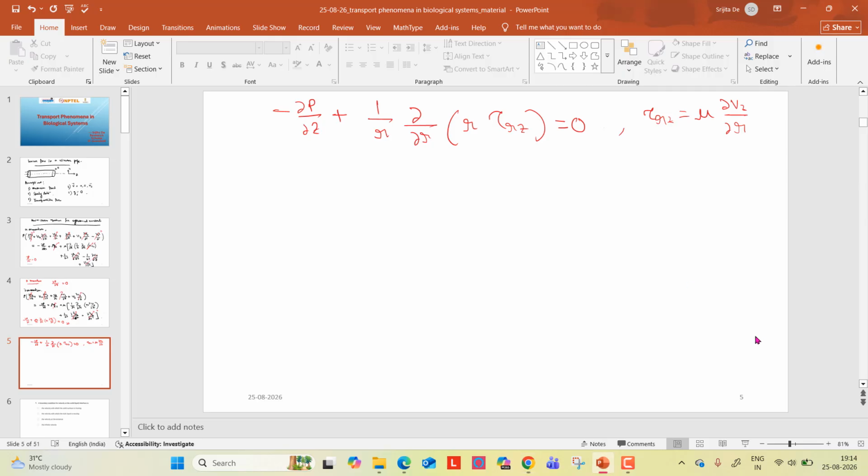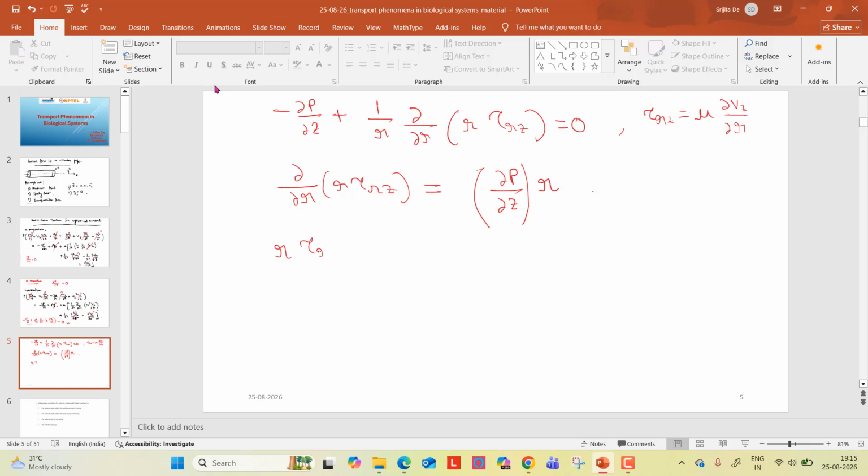So what will be coming? It is coming as del R of R tau RZ equals to del P del Z into R. So now if we integrate it, what will come in?